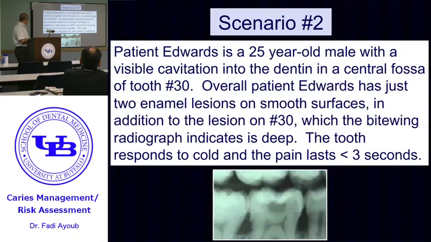Overall he has only two enamel lesions on smooth surfaces, in addition to the deep caries on number 30, which the bitewing shows. The tooth responds to cold and the pain lasts less than 3 seconds and goes away.